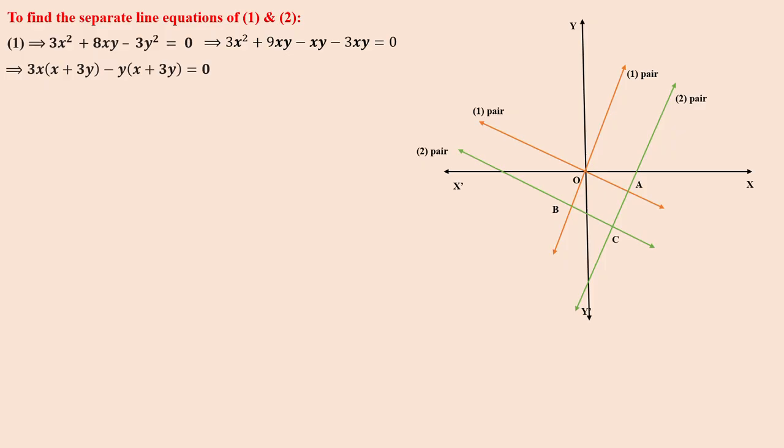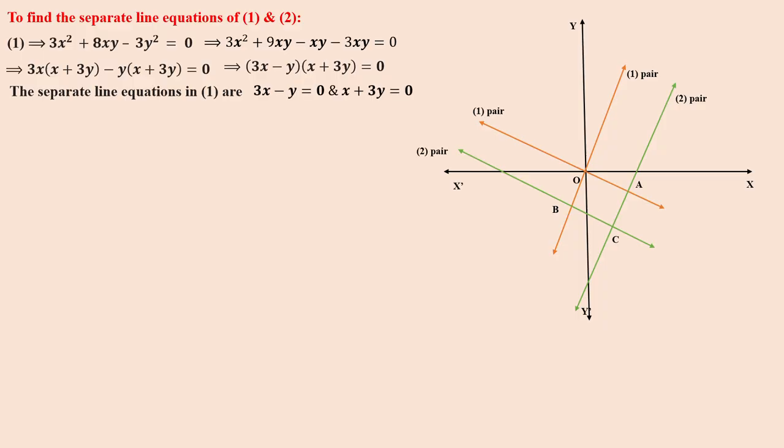So first two terms we are taking 3x outside, so we will get x plus 3y into 3x. In the second term we are taking minus y outside, so minus y into x plus 3y, because of 3y square. So 3x minus y into x plus 3y equal to 0. So separate line equations are 3x minus y equal to 0 and x plus 3y equal to 0.